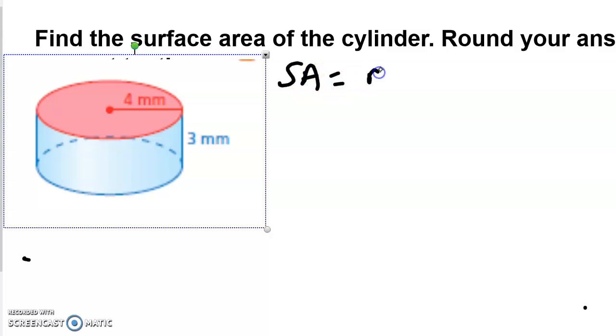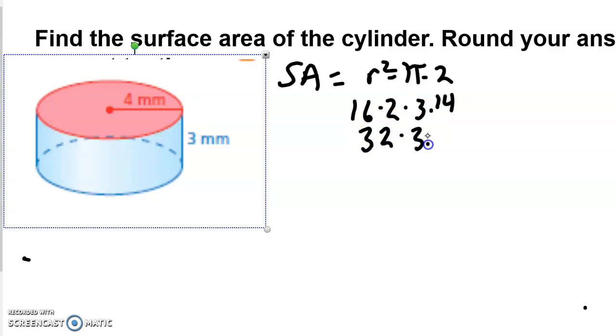So that's our radius squared multiplied by pi multiplied by 2, because there are 2 identical ones. Our radius is 4, so 16. I'm going to go ahead and just multiply by 2, 32 times 3.14. You're going to end up with 100.48 millimeters squared. So that's the area of the top and the bottom.